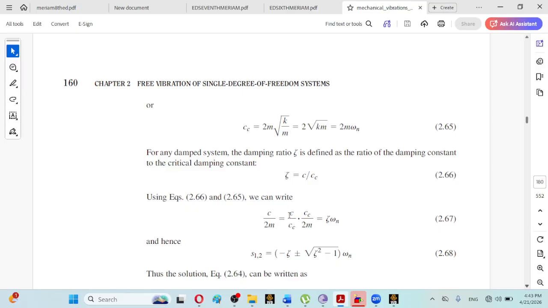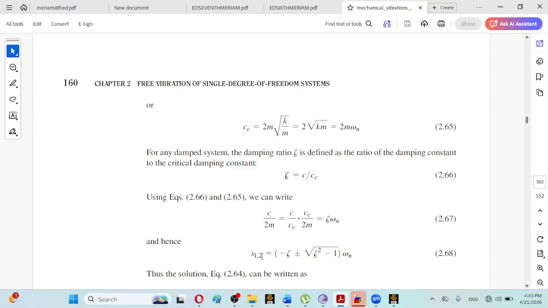As we can observe here, C by Cc is equal to the damping factor by the definition of equation 2.66, and C by 2m will be equal to omega n. So C by 2m is equal to damping factor into omega n, equation 2.67. This is actually simply manipulating the terms under the radical sign.